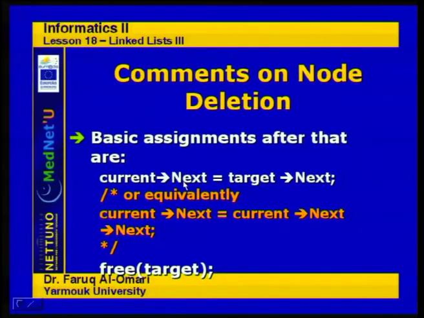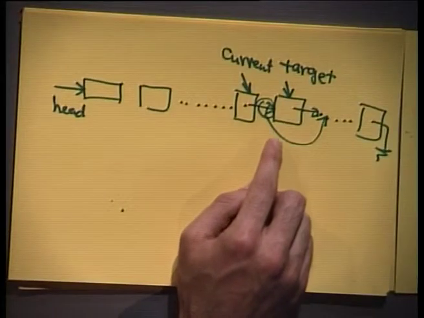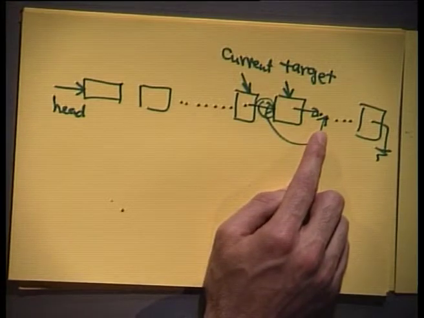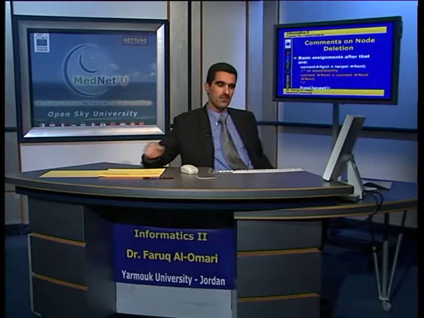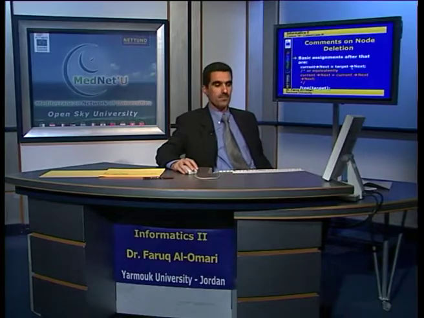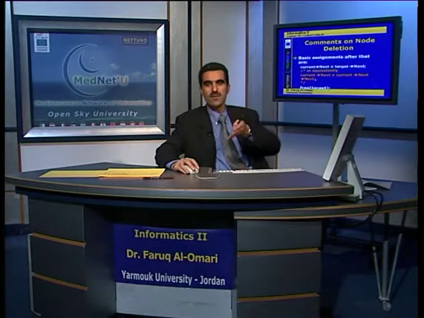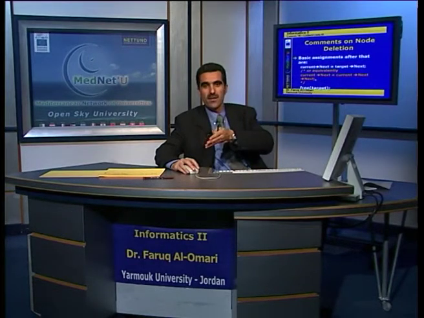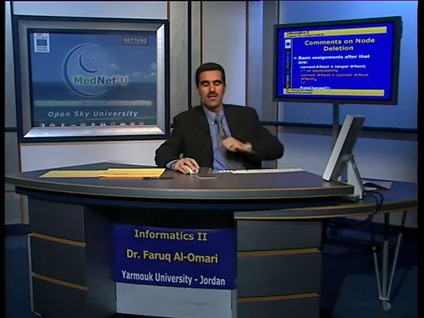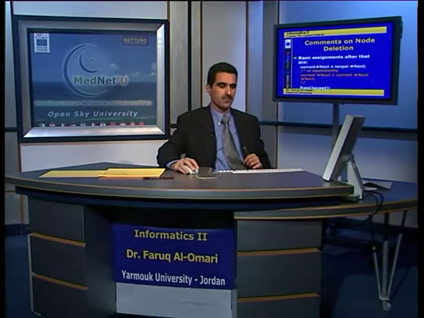Current arrow next points to whatever target is pointing to. Or, as I said before, equivalently, I can say current arrow next equals current arrow next arrow next, and that means the one which comes after the next node in the list.